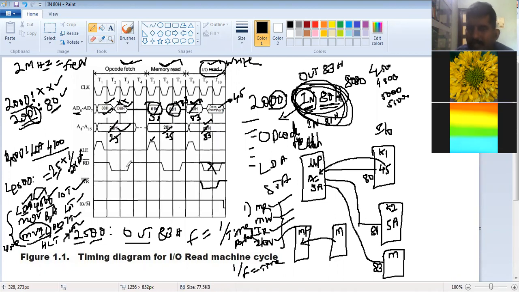25 by 2 is 12.5. Here there is 10 to the power of 6 in the denominator. If I take it to the numerator, it becomes 10 to the power of minus 6. So 12.5 into 10 to the power of minus 6, now what unit? 10 to the power of minus 6 is micro.